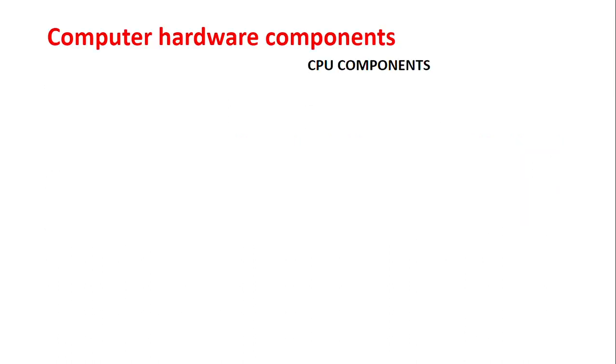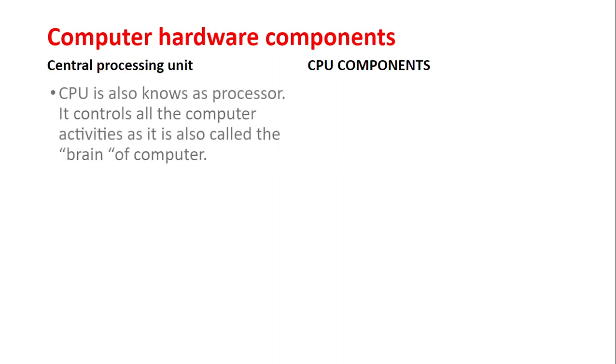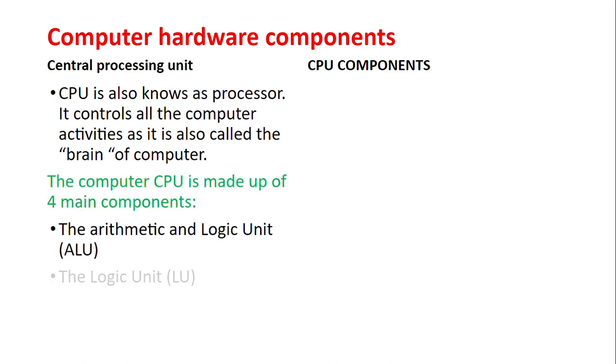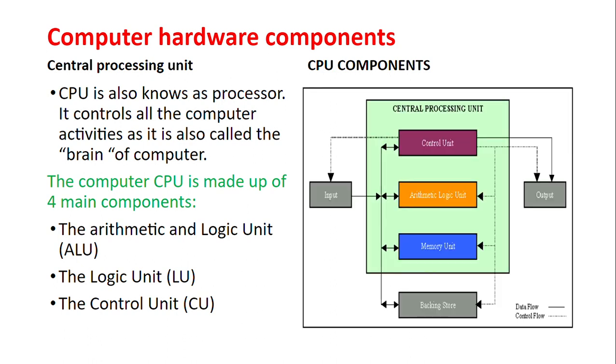So we are starting by looking at computer hardware. The CPU, or central processing unit, controls all the computer's activities as it is known as the brain of the computer. Then it has main components: the arithmetic logical unit that performs mathematical calculations, the logical unit that deals with logic operations, and the control unit that controls all the computer activities.